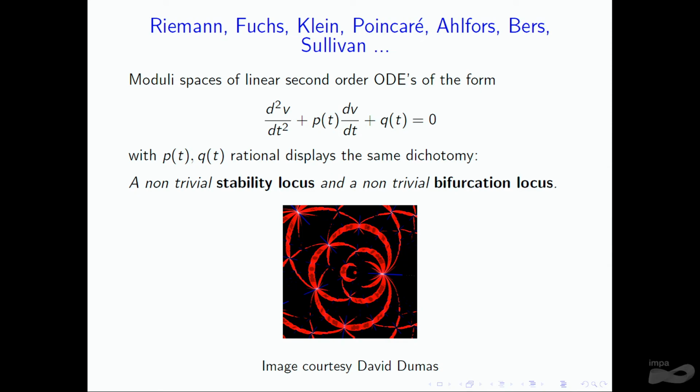And just to say what happens, these differential equations have been studied since the early 19th century by Riemann, Fuchs, Klein, and all these people. And in fact, this story of stability ended with Sullivan, who completely characterized those linear equations that are structurally stable. The theorem of Sullivan is a theorem about the stability of groups of Möbius transformations acting on the Riemann sphere.